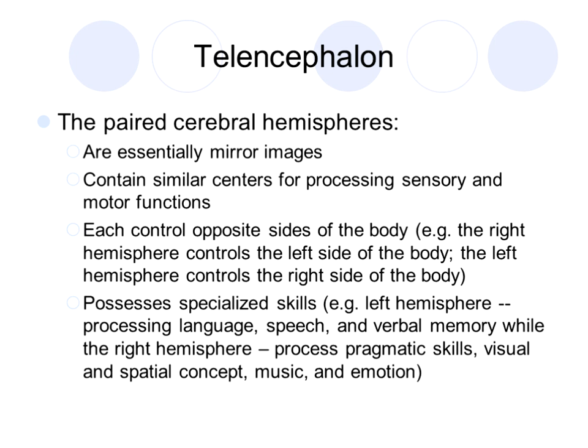They mirror each other in image. And one side of the body is controlled by a particular hemisphere. So the right hemisphere controls the left side of the body. The left hemisphere controls the right side of the body.